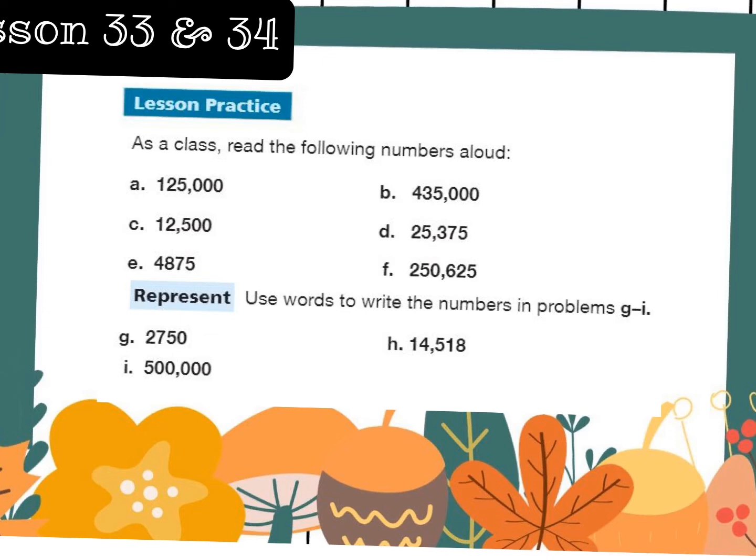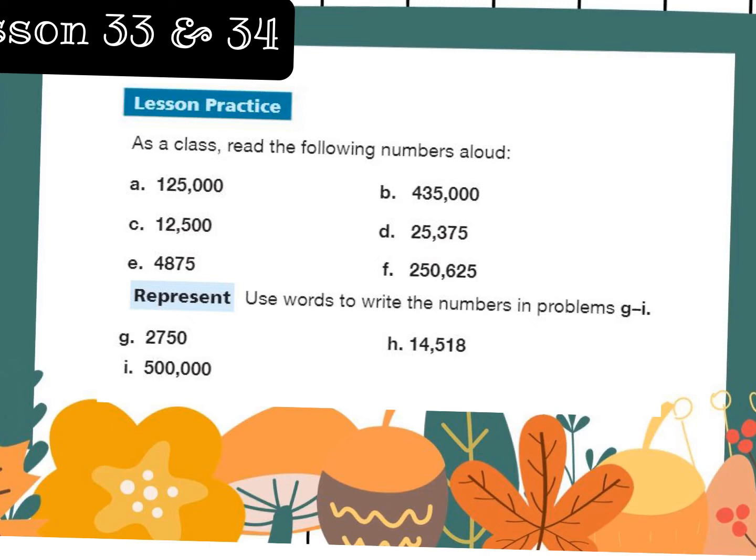All together. 1, 2, 3. 435,000. Very good. C? 12,500. Perfect. D? 25,375. Good. E? 4,877. And F? 250,625. Very good.